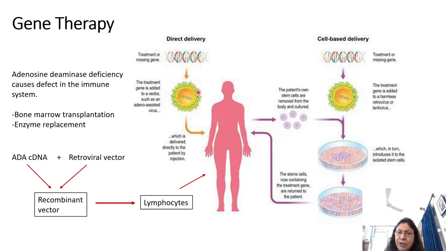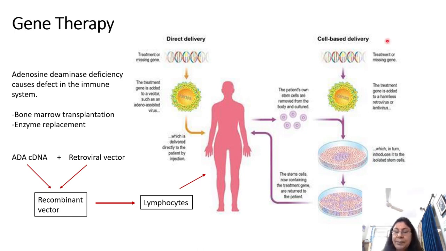So this could be several of the vectors, and then this is directly given to the patient through injection. Okay, so now you have a recombinant vector which makes that particular protein, which is injected directly into the bloodstream. So we are expecting that the recombinant vector contains that gene. The gene will now be transcribed and translated into a functional protein.